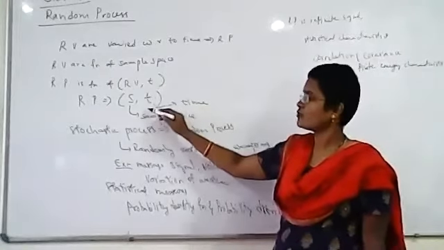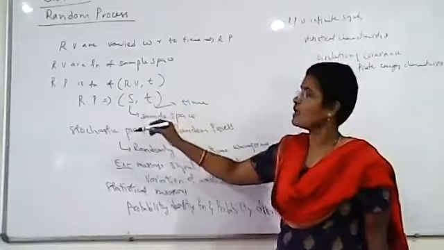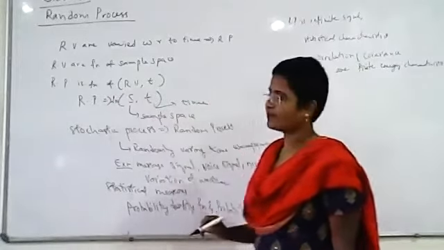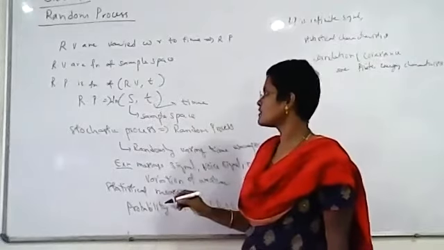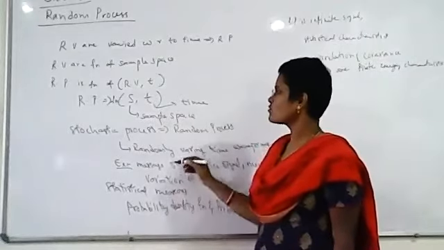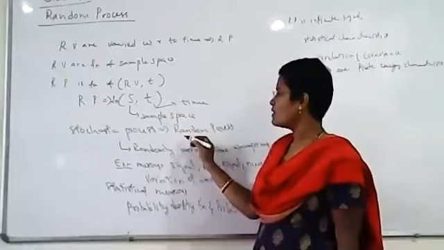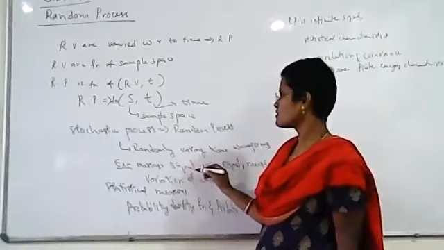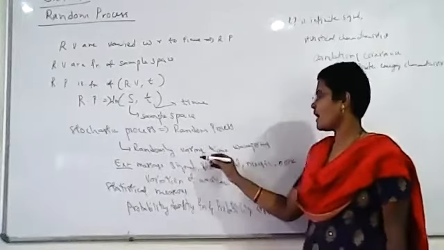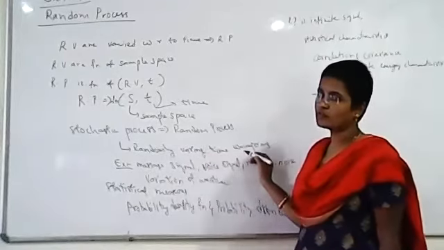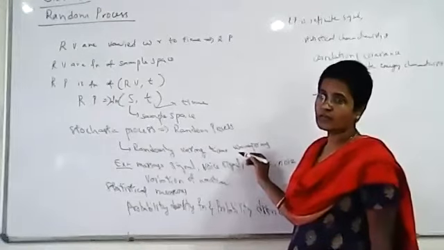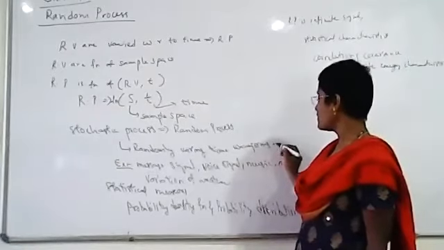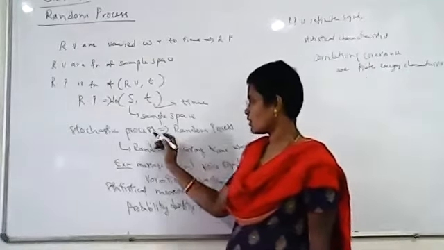How do you denote random process? Random process is a function of sample space and time. We also discussed that random process is also called stochastic process. Stochastic process deals with randomly varying time waveforms. If the time waveforms are varying randomly, we deal with them using stochastic process.